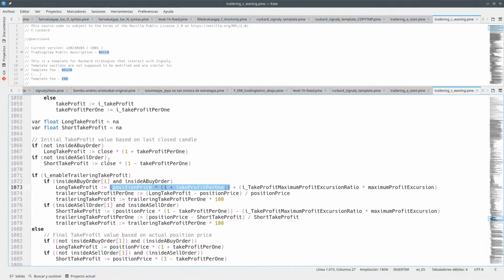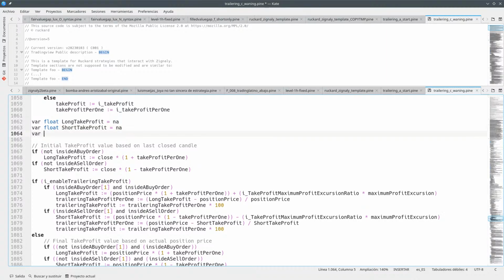So we can have here something like expected take profit. Yeah, which we can say it's like this.